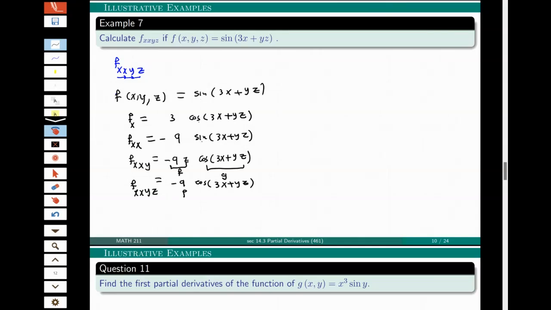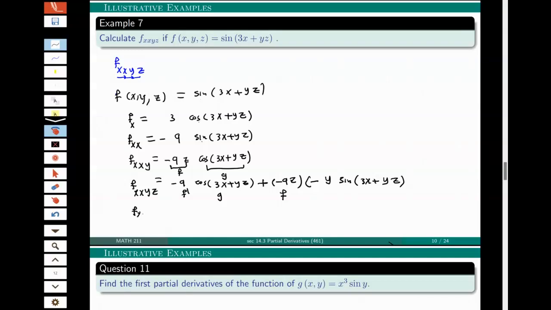So that's the derivative of the first times the second plus the first, which is minus 9z. That's the first. A derivative of the second, a derivative of cosine, it's minus sine 3x plus yz, and the derivative of the angle with respect to z will give me y.